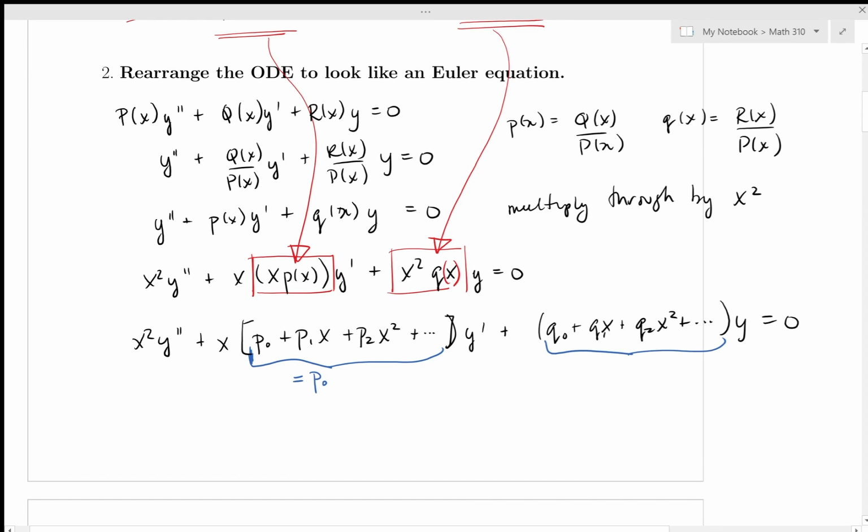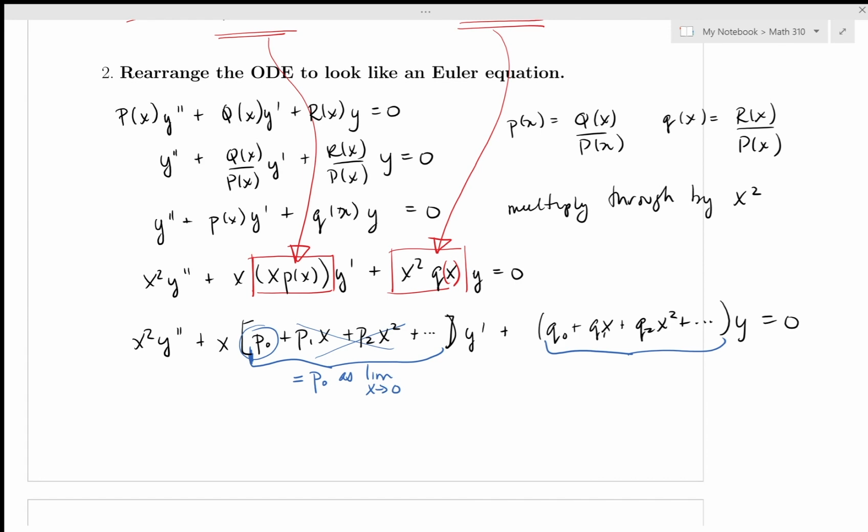In fact, it is equal to p naught as the limit. If I take x to 0, then these terms will disappear, and I will see that this is the only surviving term. So when I am very close to x equals 0, that term p naught dominates that power series.